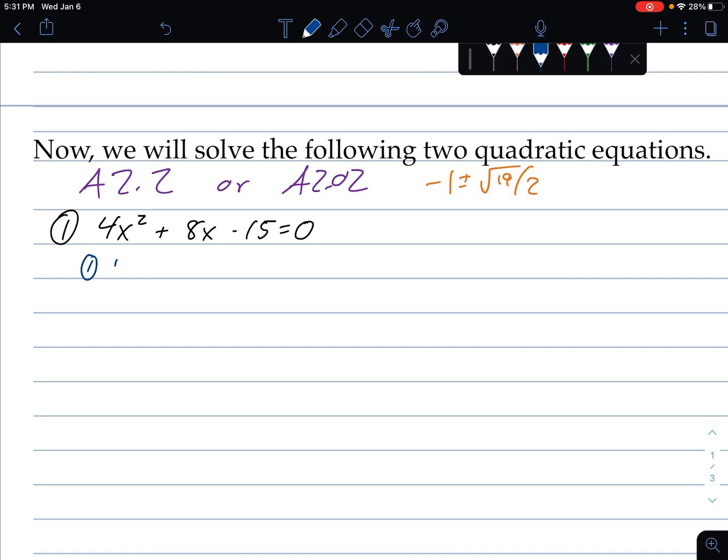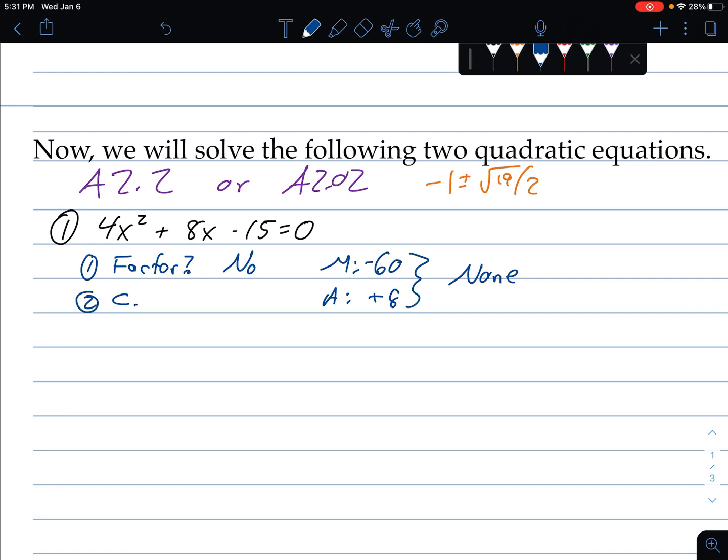I'm not going to do it out, but 1, can we factor this? No. 2 numbers that multiply to -60 that add to +8. The 60 coming from the -15 and the 4. And we know that there are none. If you do it out, you won't be able to find any.